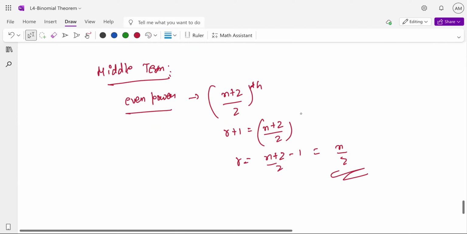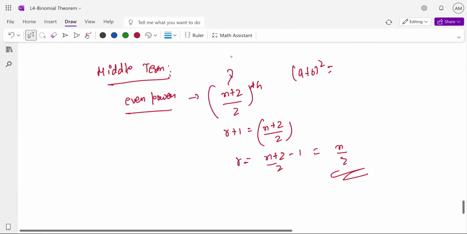For example, you want to calculate, I'll just take the example of (a plus b) to the power 2 itself. I want to calculate the middle term. I know this is the middle term, so here n plus 2 by 2 comes out to be how much?